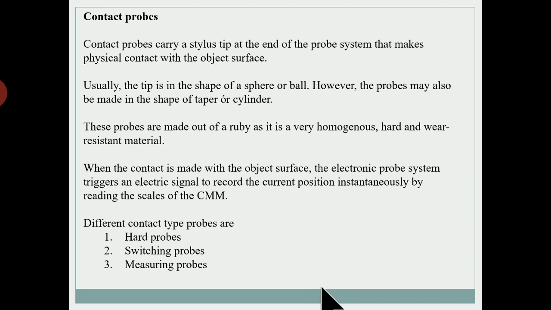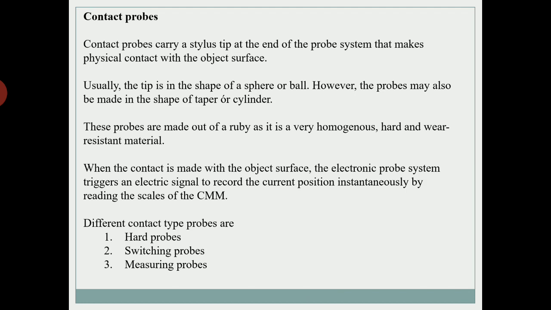First one, contact type probes. Contact type probes carry a stylus tip at the end of the probe system that makes physical contact with the object surface. That tip is used to identify the points on the surface of the part to be measured. Usually the tip is in the shape of a sphere or ball.